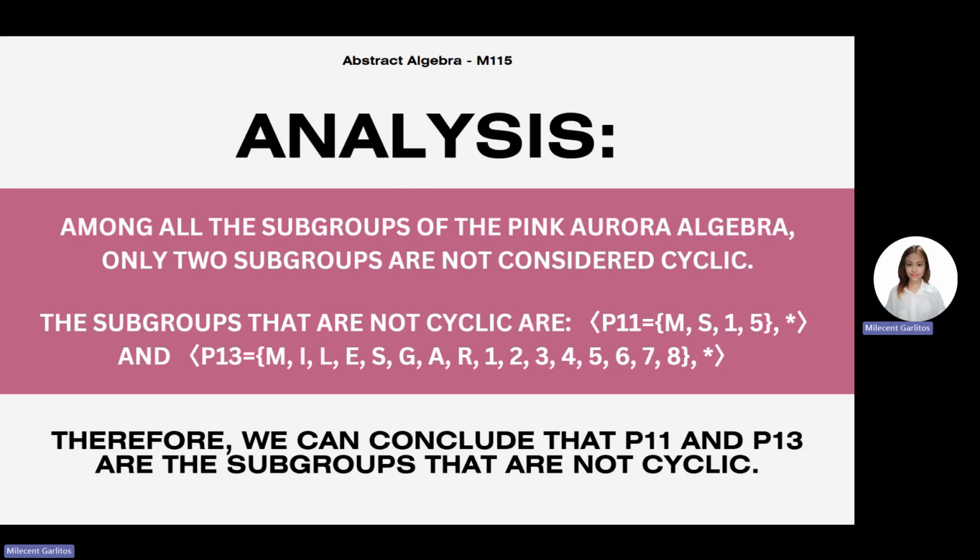The subgroups that are not cyclic are the proper subgroup P sub 11, which is the set of S, 1, 5 under binary operation star, and the improper subgroup P sub 13, which is the set of M, I, L, E, S, G, A, R, 1, 2, 3, 4, 5, 6, 7, 8 under binary operation star. So therefore, we can conclude that P sub 11 and P sub 13 are the subgroups that are not cyclic under the pink aurora algebra.